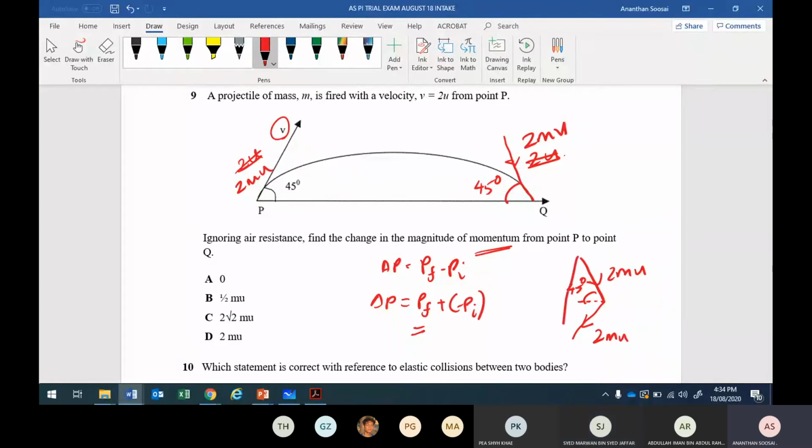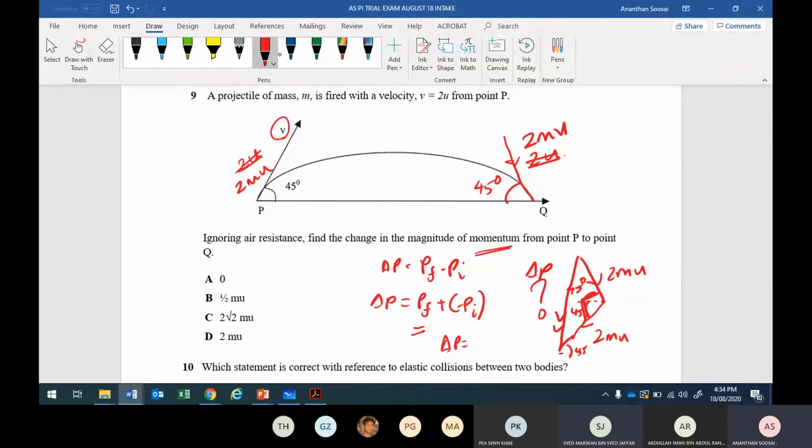So this is your changes. Here is 45, so here also will be 45. So it makes 90 degrees here. So this is your changes in momentum. So use your Pythagoras. So what's the answer?